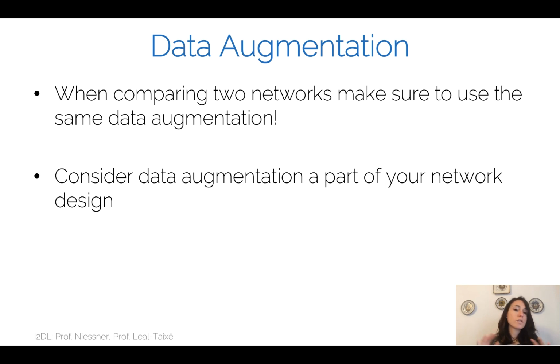And you also have to consider the data augmentation. So what type of data augmentation you do, you actually have to consider it as part of your network design. So this is one hyperparameter that you actually have to play around with, that you actually have to try to see if it actually works for your problem.